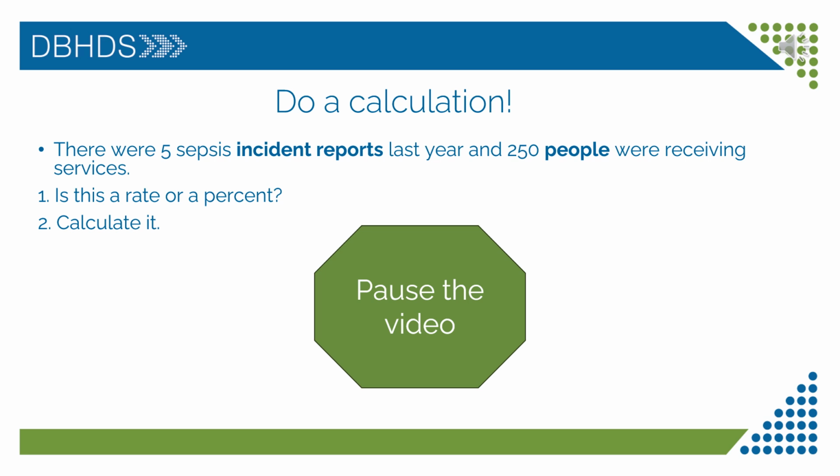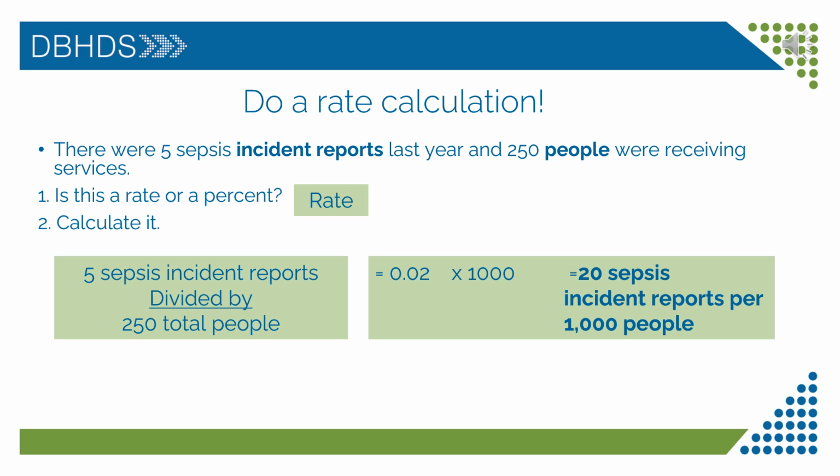Let's do one more. There were 5 sepsis incident reports last year, and 250 people were receiving services. First, think about, is this a rate or a percent? And then calculate it. Pause the video and answer these questions. The result is the rate of 20 sepsis incident reports per 1,000 people.